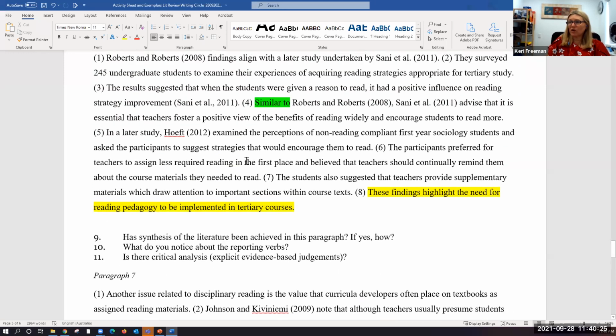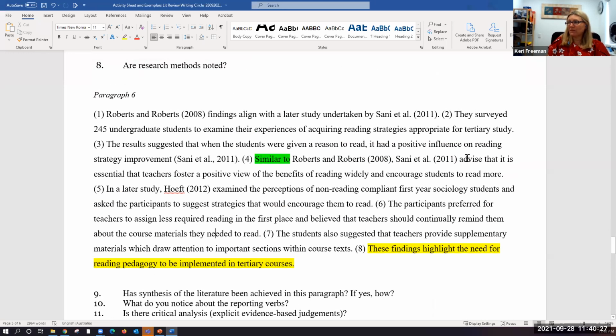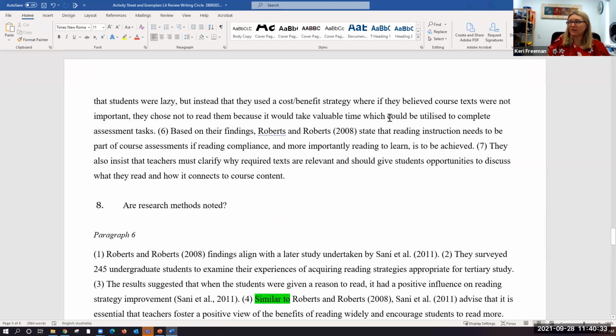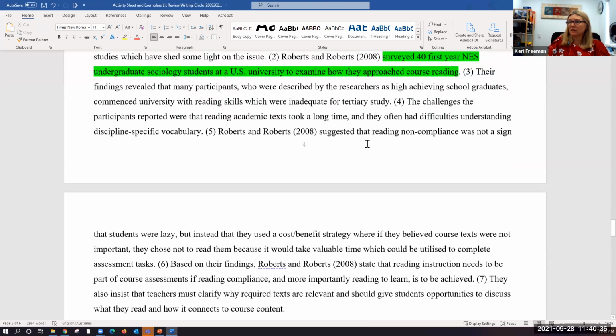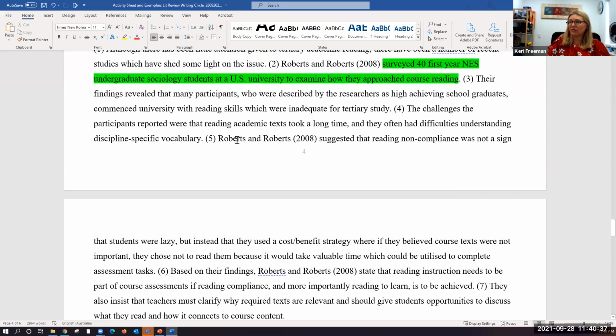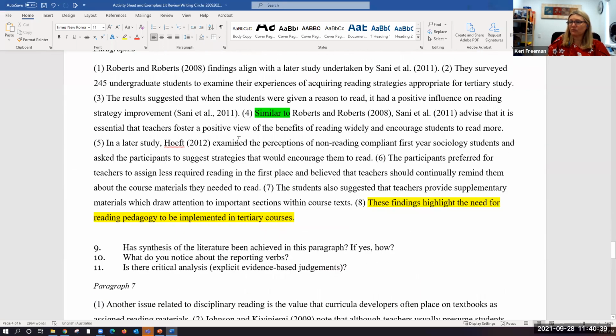So the reporting verbs in here, so advise, examined, what about up here? They just state, suggested, surveyed, so mixing it up.